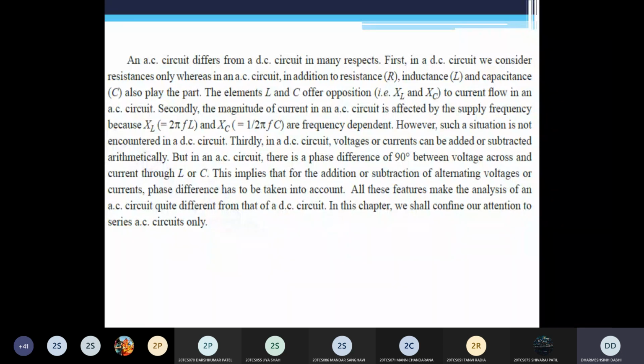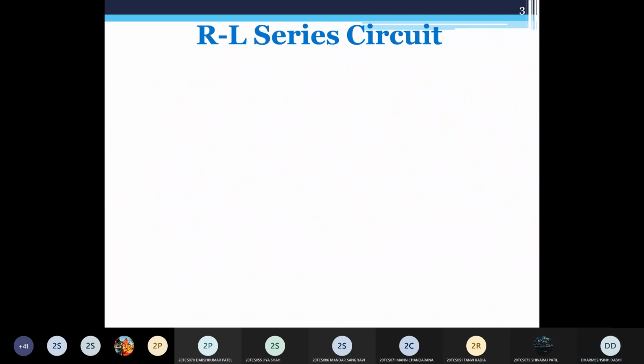In your syllabus, we have not covered the relation between voltage and current for pure inductive, capacitive and resistive circuits. So directly we go for the combination of RL, RC and series RLC. Clear? So first topic, write down: series RLC circuit.